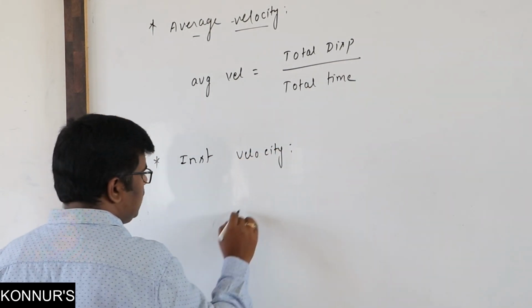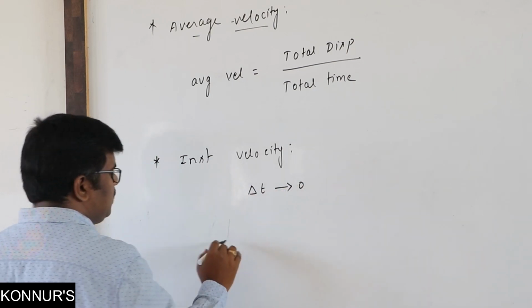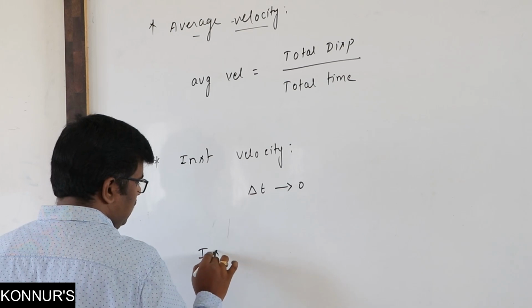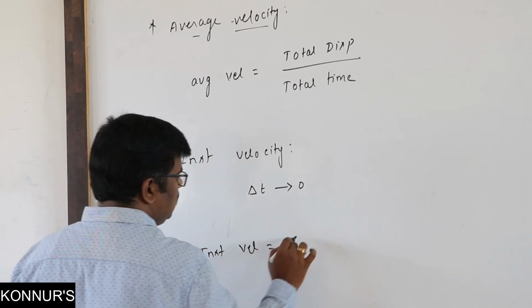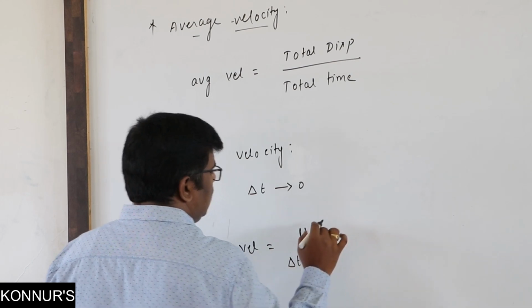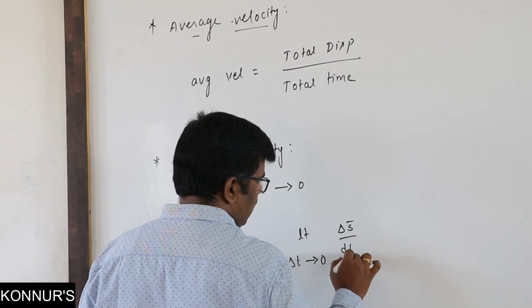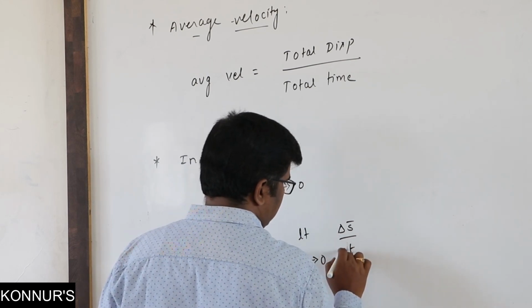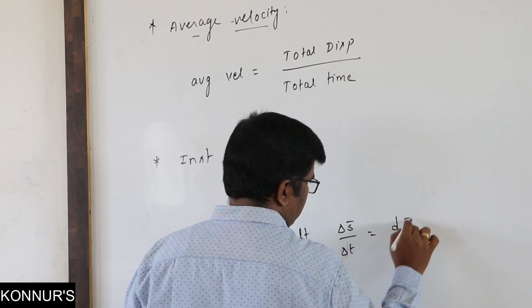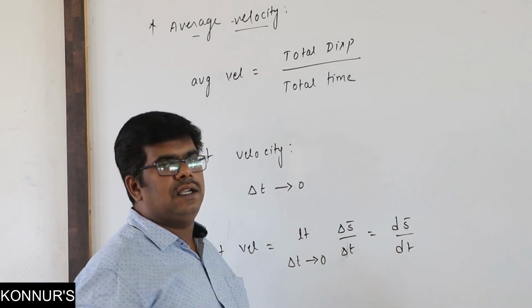So instantaneous velocity equals the limit as delta t tends to 0 of the displacement ds by dt. This is the velocity at any instant of time.